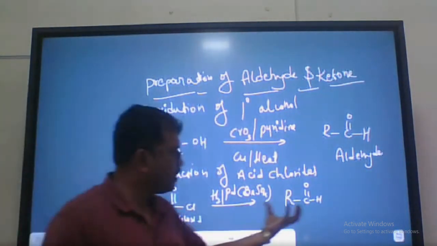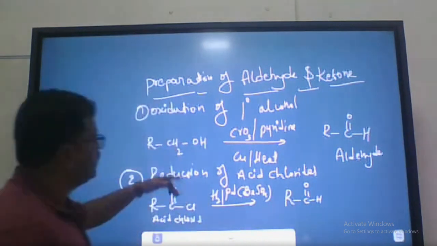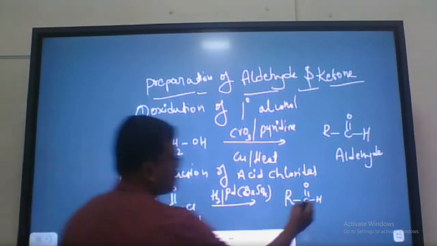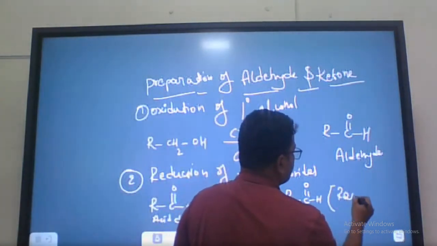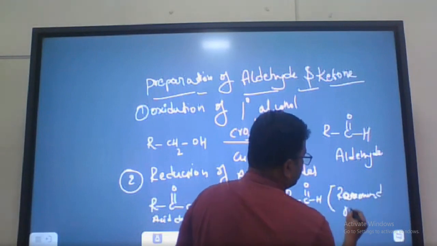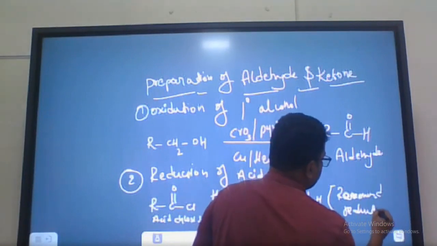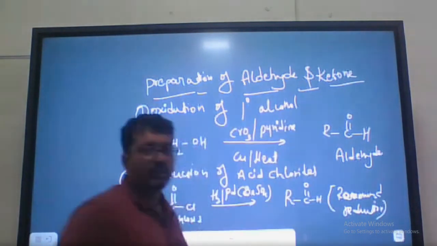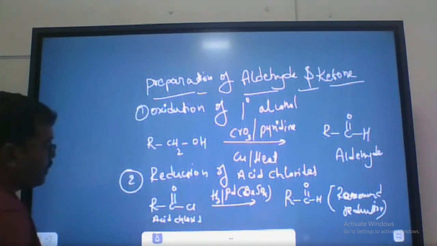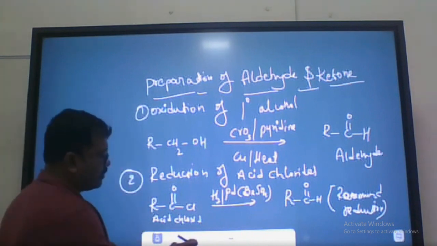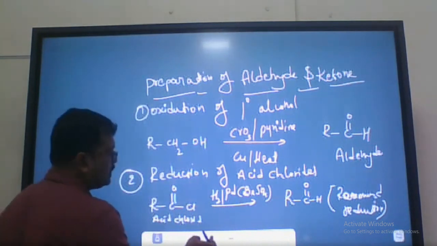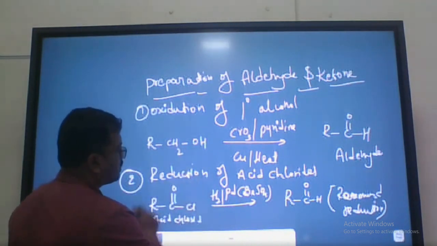So acyl chloride to aldehyde with these two reagents is the Rosenmund reduction. So the first is the oxidation method and this one is reduction.